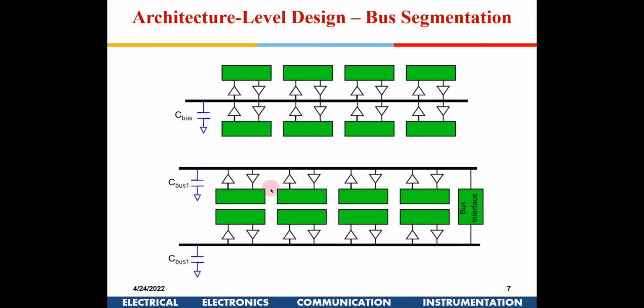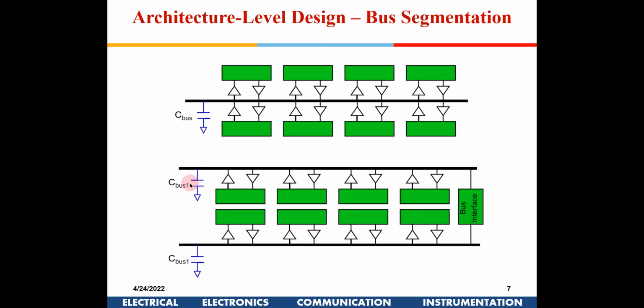Suppose most of the time you find that these are the modules which are communicating with each other. So you have to identify which modules require constant communication among themselves. If you do this kind of bus segmentation, you will find this capacitance is now almost half of the capacitance out here.